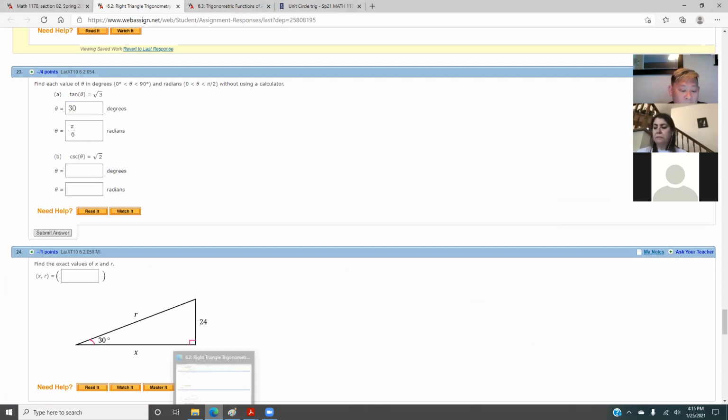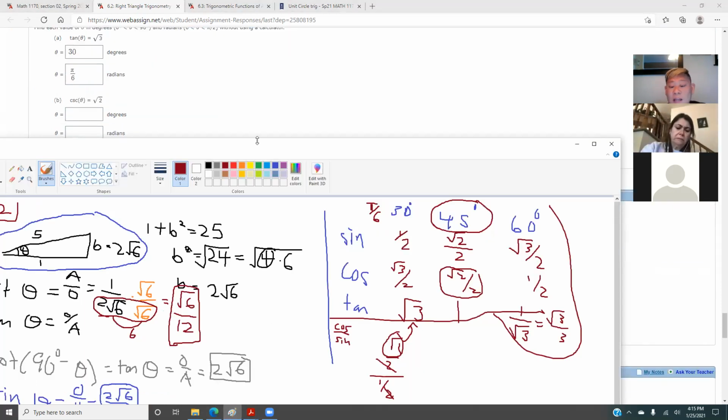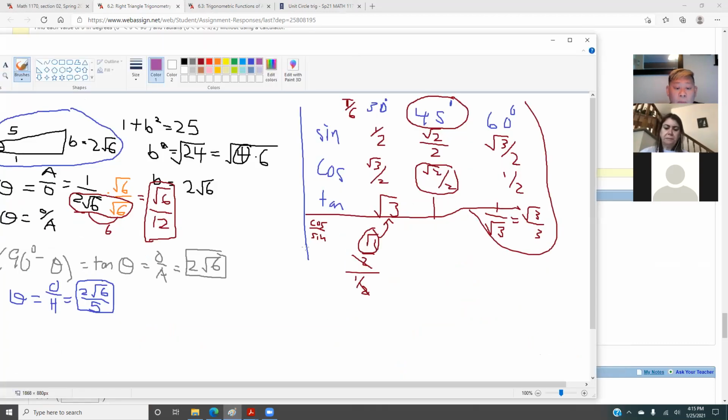Now, in order for you to do cosecant and cotangent, you have to invert it. Sine is this, so what you do next is invert it. The reciprocal of sine is cosecant. You take all this and flip it. So 1/2 becomes 2.